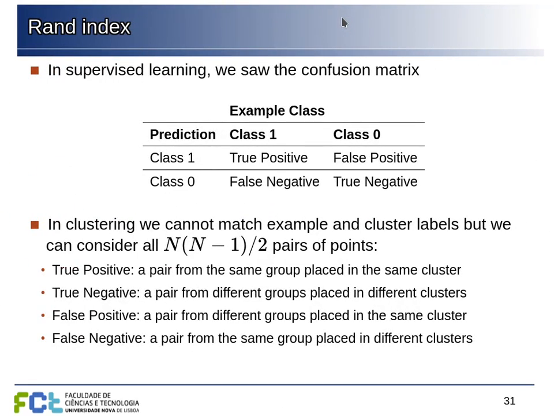Okay, so another way we can use to evaluate clusters is to look at external indexes. In supervised learning, we saw this idea of the confusion matrix, where we can have a true positive if we get our prediction correct. So suppose that we have some classifier that is predicting class 1, and the example actually belongs to class 1.